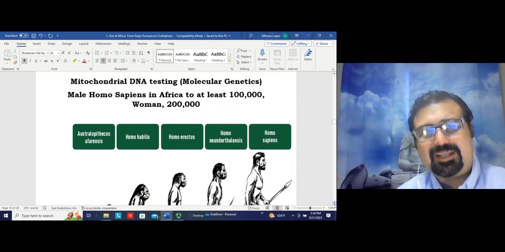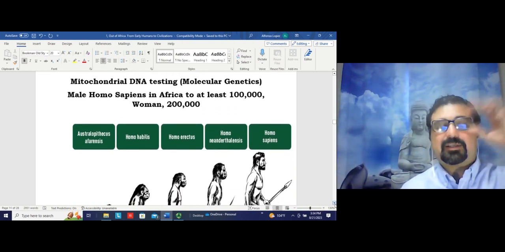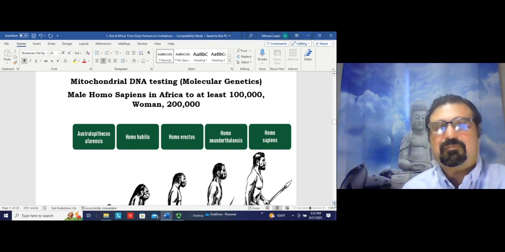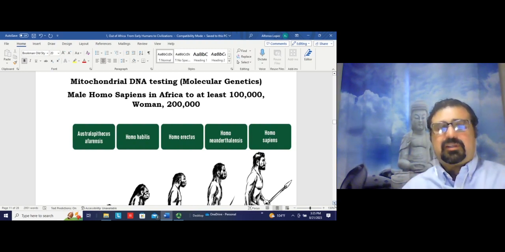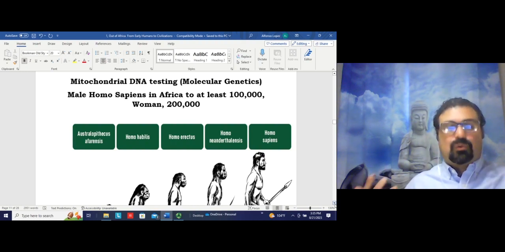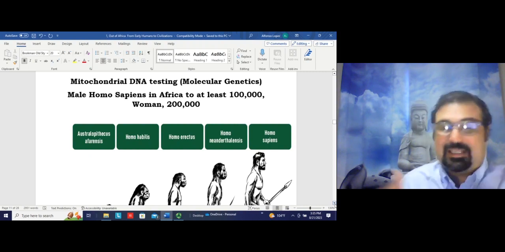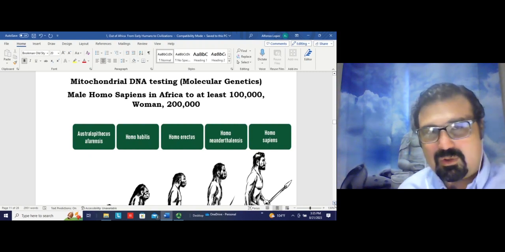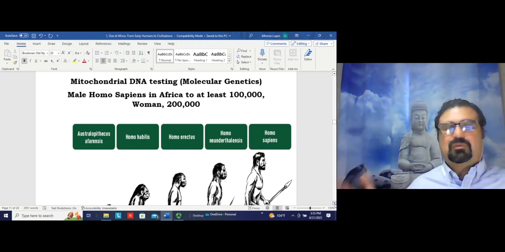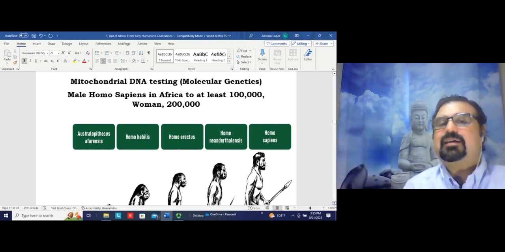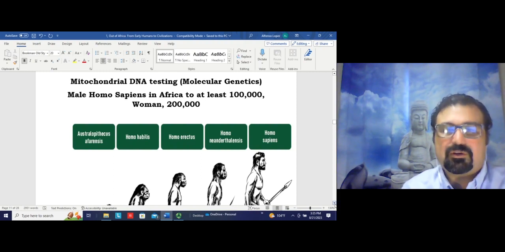And the reason why this is stated by scientists is because of DNA testing. You know, there has been, of course, in recent times with the advent of genetics and modern technology, testing that has been done all over the world, virtually every ethnicity around the world from all the continents, performing what is called mitochondrial DNA testing, or molecular genetics.